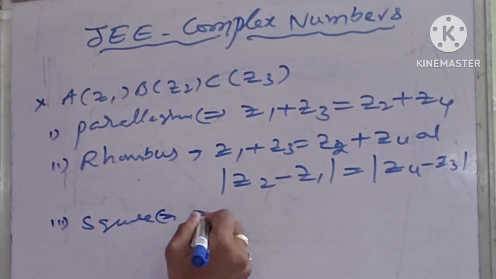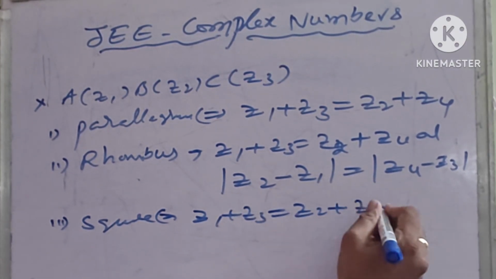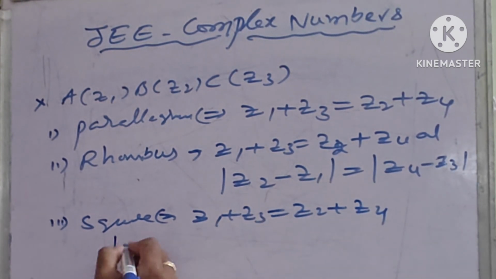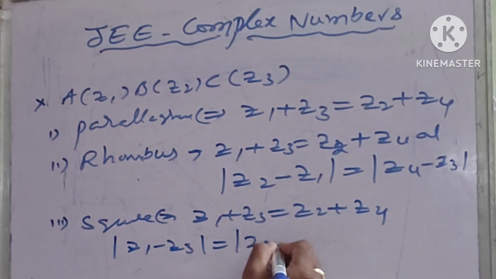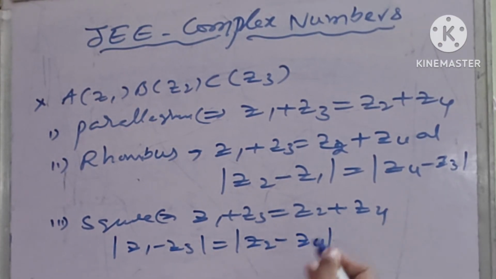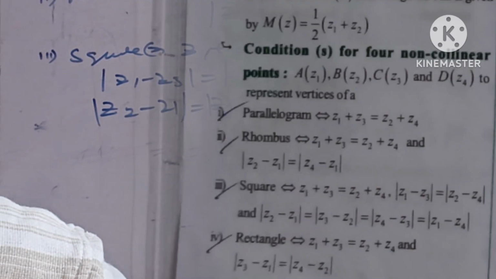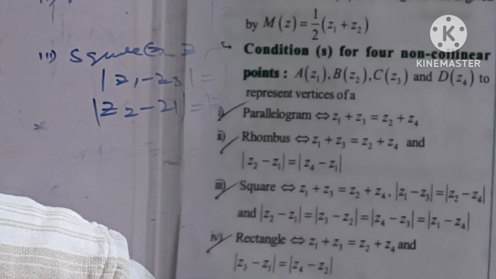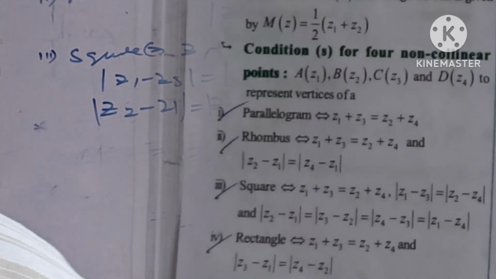Here z1 plus z3 is equal to z2 plus z4, and z1 minus z3 is equal to z2 minus z4, and mod of z2 minus z1 is equal to mod of z3 minus z4, is equal to mod of z4 minus z3, is equal to mod of z1 minus z4.